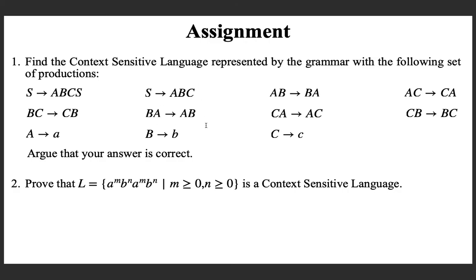Try deriving strings and later generalize, find the language and also argue that your answer is correct. For the other practice question, given this language, which is known to be a non-context free language, prove that this is a context sensitive language. How can you prove it? You try to find a context sensitive grammar generating this language.